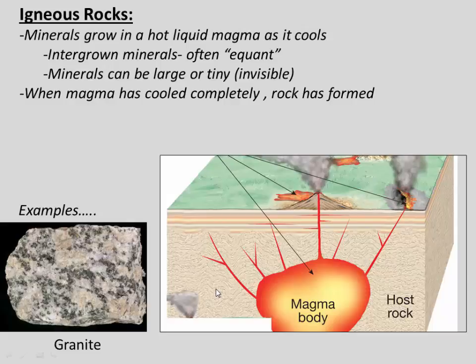And we can tell it's an igneous rock because it often has this characteristic texture of intergrown minerals, where the minerals fit together like a jigsaw puzzle, where they were growing next to each other as the magma cools. Now, once the magma has cooled completely, the rock has formed. It is literally now an igneous rock.